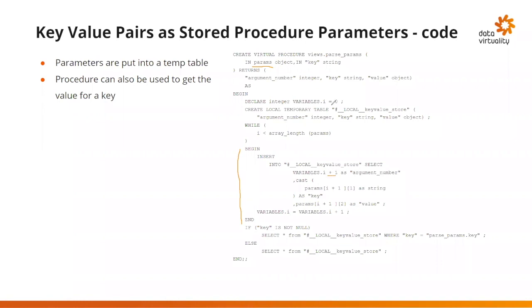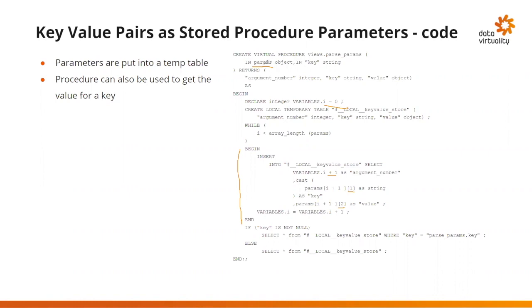It used to be 0, and now we're adding 1 to it. Each time in the loop we increase it and put this as the argument number, so they are counted, and this is something we're going to return. First we put it into our temporary table, and then, as you can see here, the key would be of index 1, and the value would sit at the index next to it. Finally we increase the variable and go to the next one.